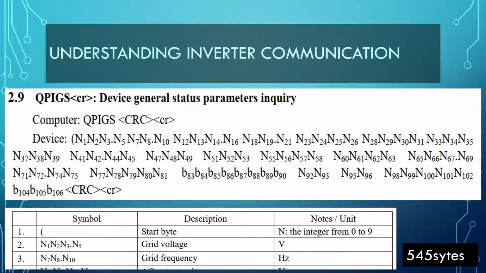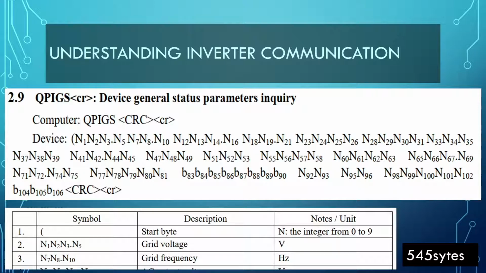After N3 there is a dot, and then N5. What else you will notice is that there is no N6, because between N5 and N7 there is a space. This you need to understand. If I go to the table towards the bottom of the screen, you will see at number 2 it says N1, N2, N3 dot N5.